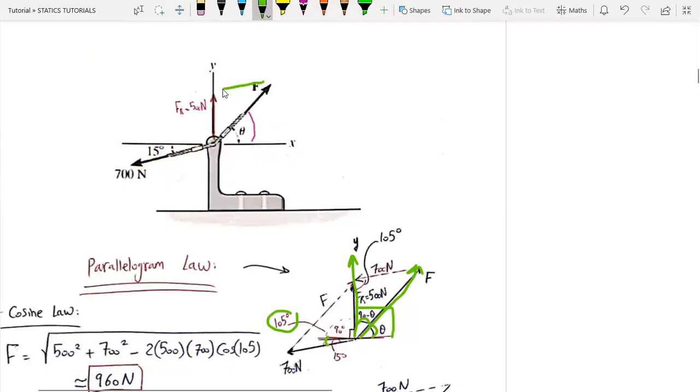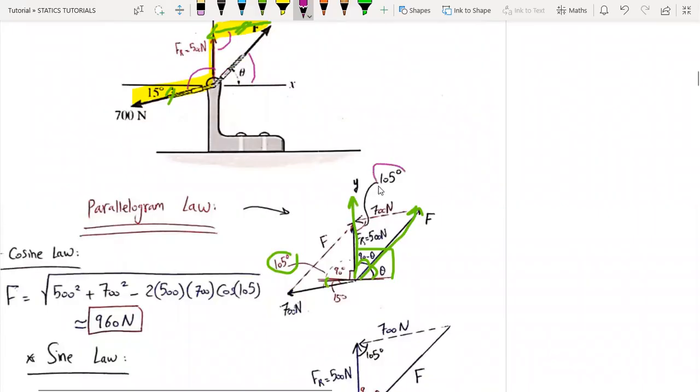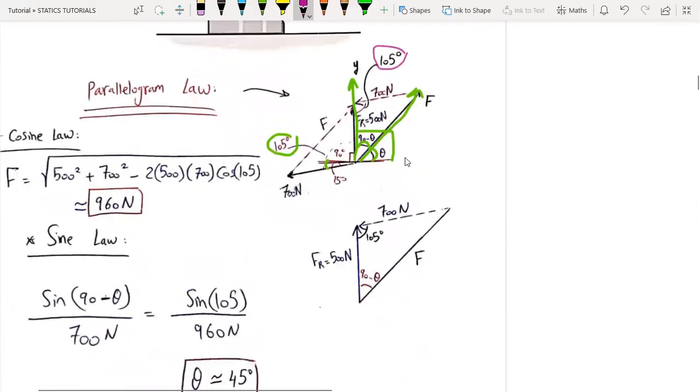So here is our force, 700 newtons, and it's parallel to it. And this is our Z shape, so this angle, which is 105, will be equal to this angle, which is also 105. So taking this triangle, and after we have found the angles correctly, then everything will be easy.